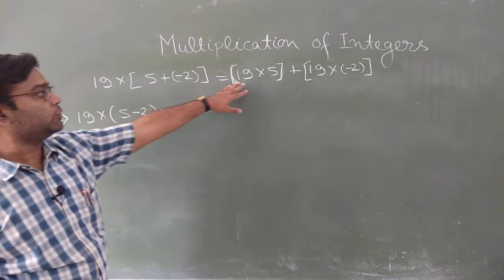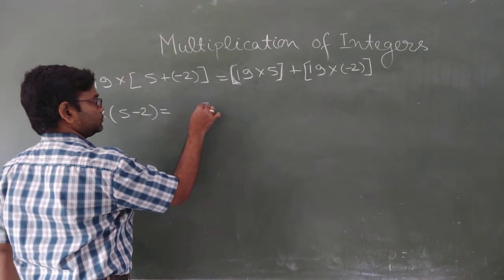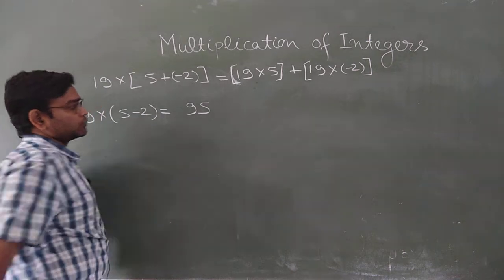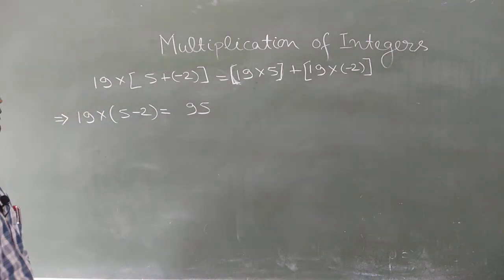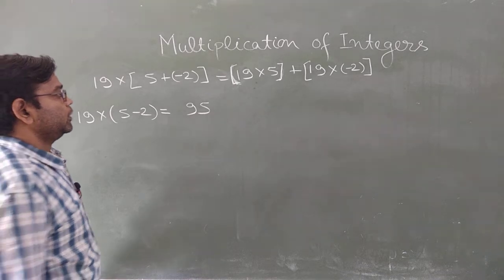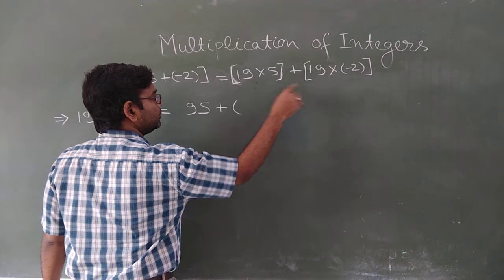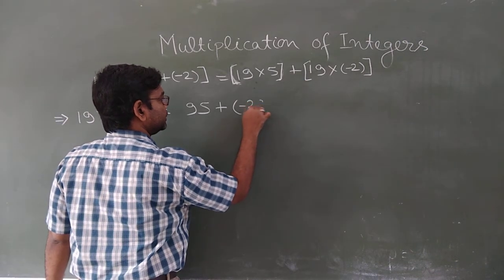In this case also we remove the bracket: 19 5s are 95, and then 19 2s are 38, but there is a minus sign, so minus 38.